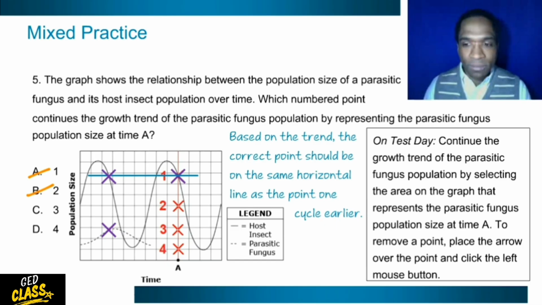That's the question. Well, if we draw the horizontal line, it lines up with point 3. So 3 is the correct point to select, which makes C the correct answer. Wonderful, wonderful. We've just handled GED scientific trends and predictions, which mirror, of course, what happens in the real world.